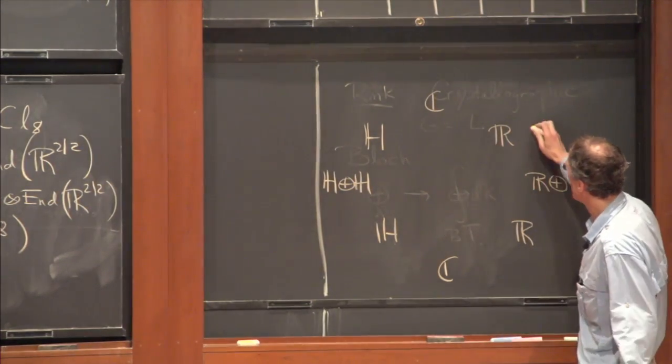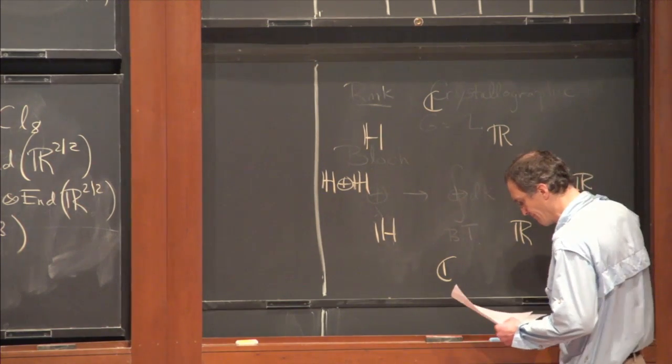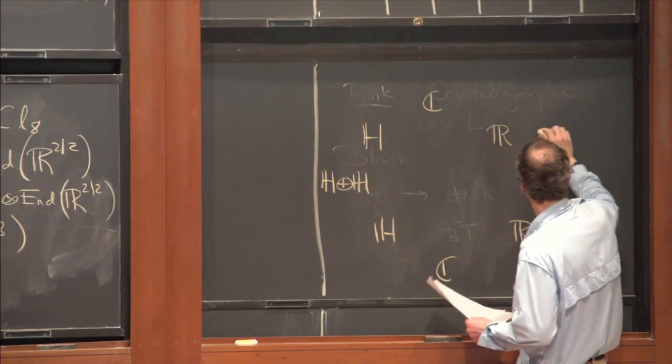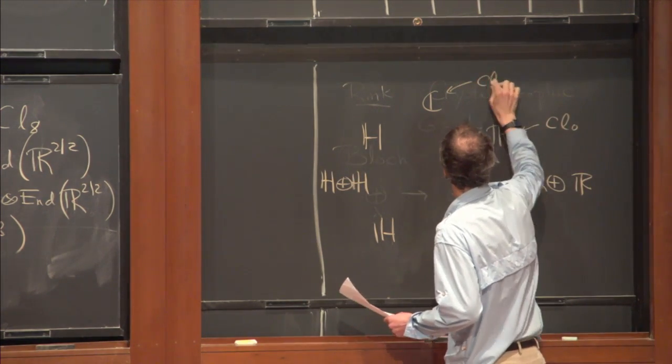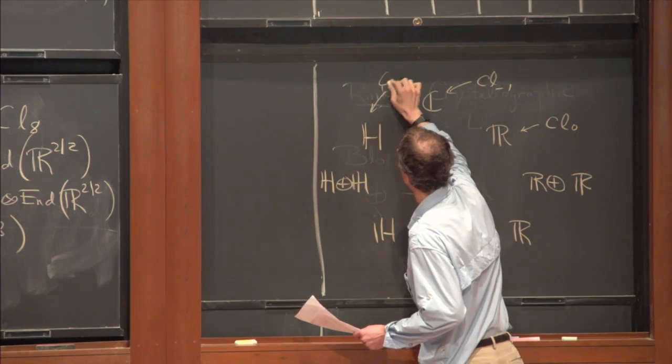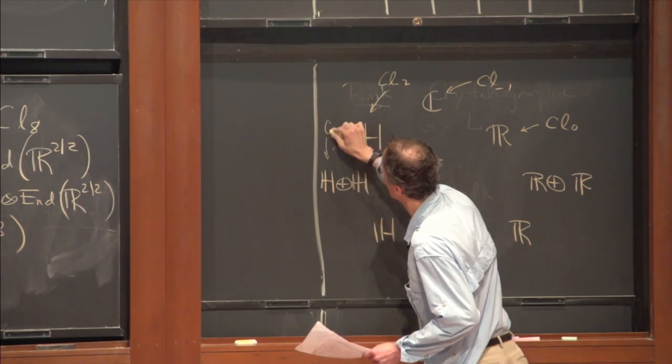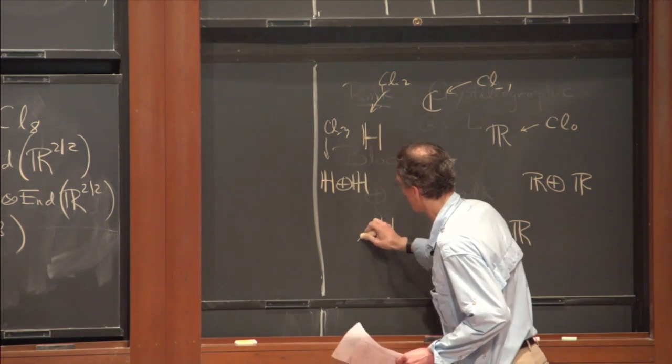Okay? So this R is Clifford 0. This is Clifford minus 1. This turns out to be Clifford minus 2, Clifford minus 3, Clifford minus 4.